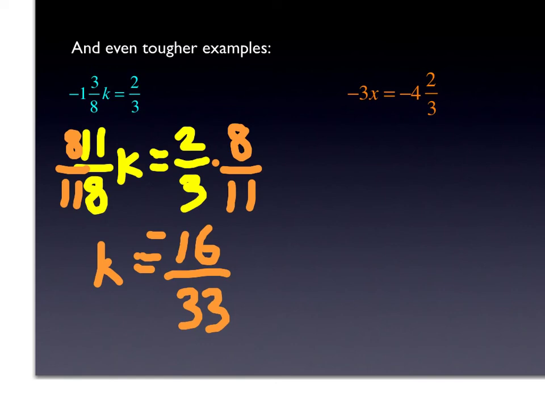All right, one last example here, and that is -3x equals -4 2/3. I think I'm going to change this 4 2/3 right away. 4 times 3 is 12, and 2 is 14, so that's going to be -14/3, like that. Now, how do I get x by itself?